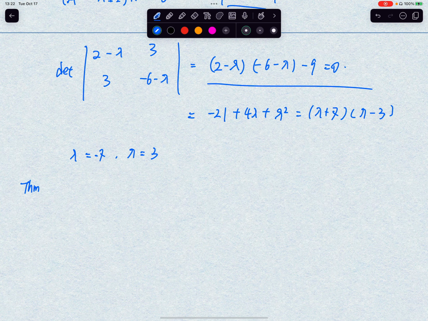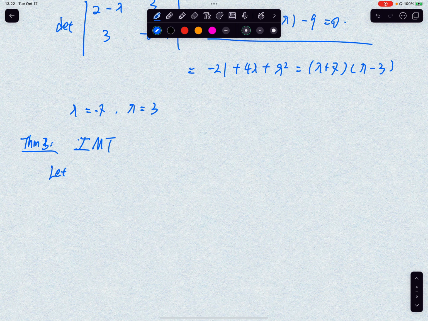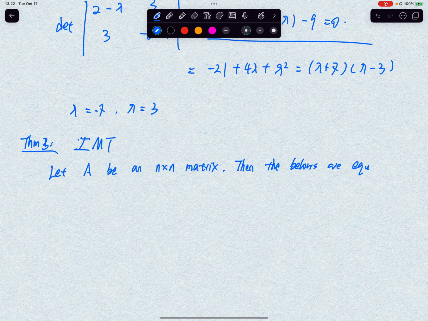So we have a modified invertible matrix theorem. Let A be an n by n matrix. Then the following statements are equivalent.